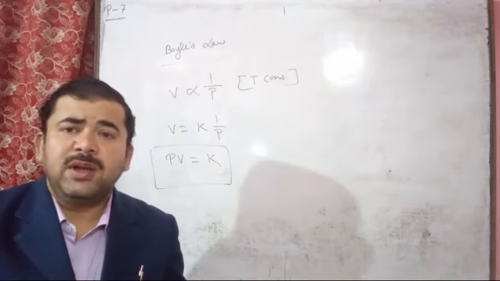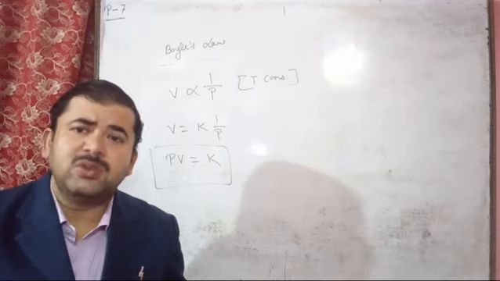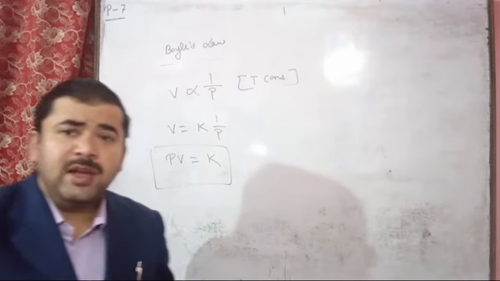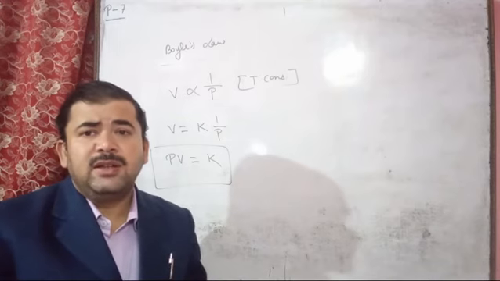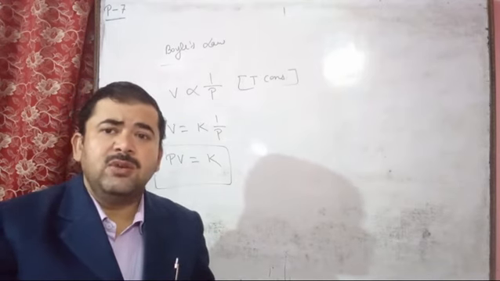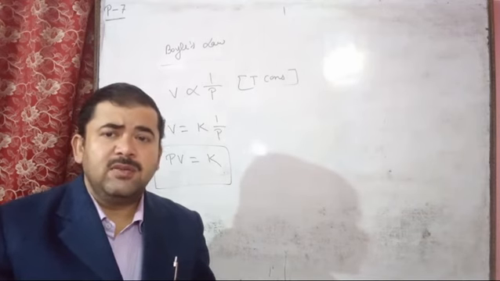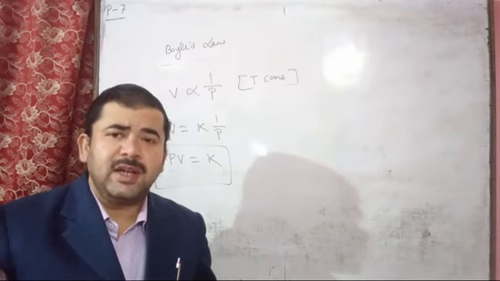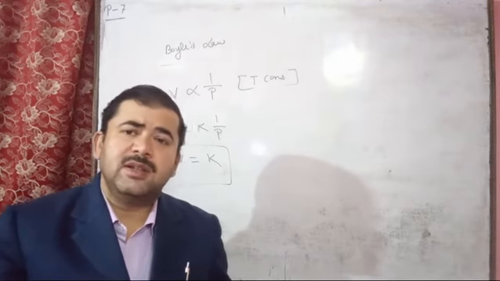For example, 0 degrees Celsius is 273 Kelvin, and if we take the last value, minus 273 degrees Celsius, here we will get 0 Kelvin.